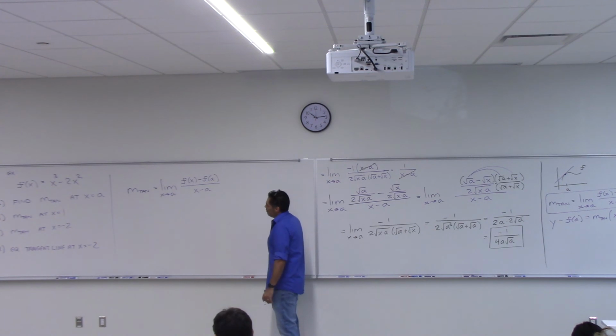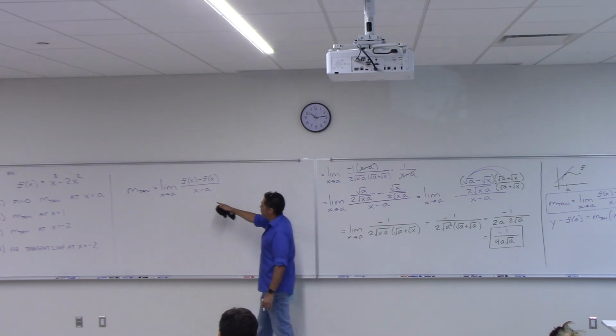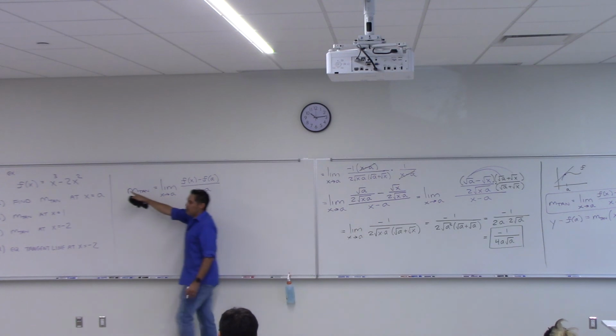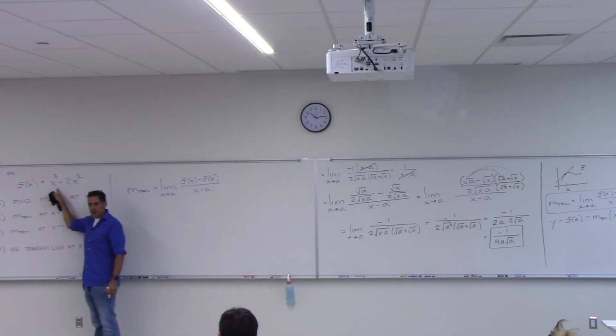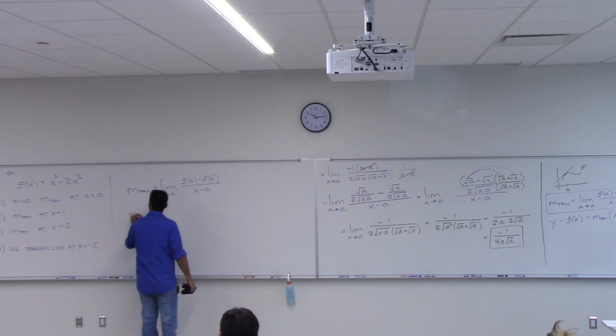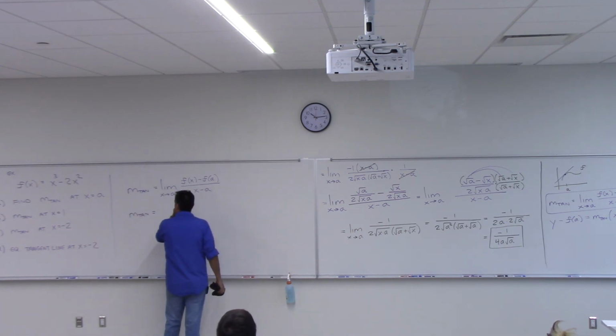All right, so here we go. That's the general formula for the slope of the tangent line at some point a. Now what I need to do is replace f of x and f of a with whatever they are in terms of this particular function. So slope of the tangent line equals... you know what?